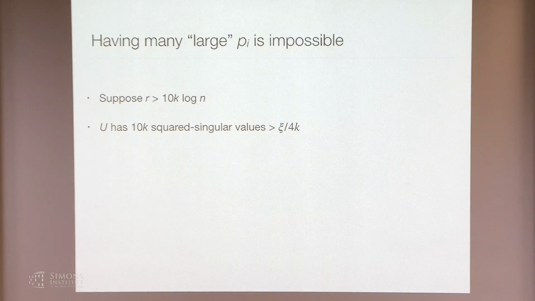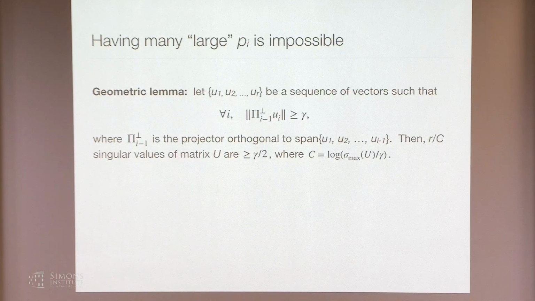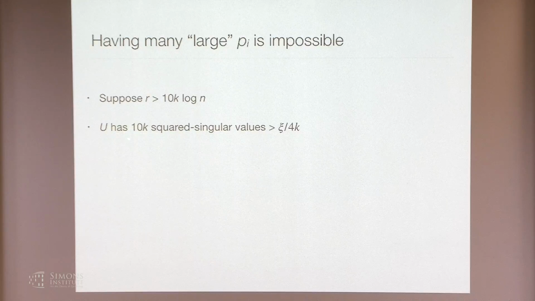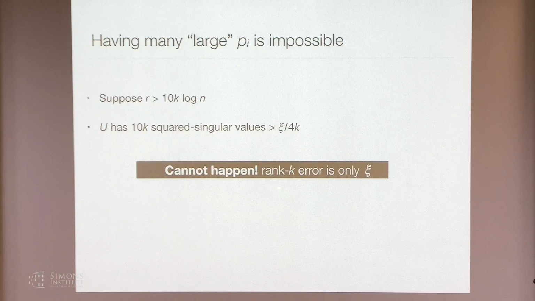Then what this lemma tells us is that if you restrict the matrix to the columns you've chosen, with r being at least 10k log n, and you divide by log n, it tells you that r by log n singular values are all large. And so you get that u has at least 10k singular values that are at least c divided by 4k.